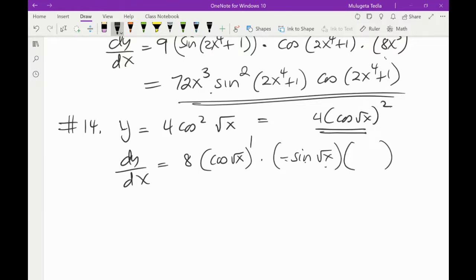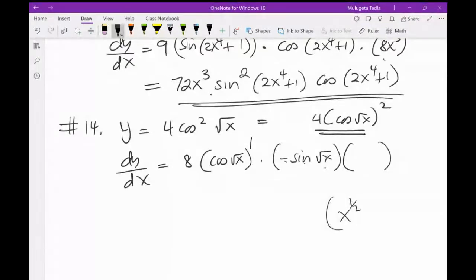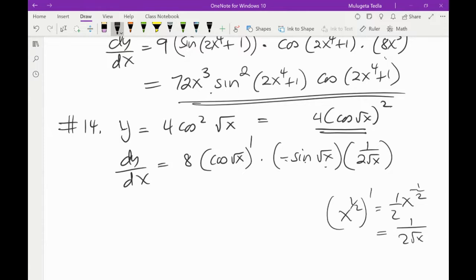What is the derivative of x to the half? The derivative is 1/2 x to the negative half, which is 1/(2 root x). I remember the derivative of root x is 1/(2 root x), but you could do it that way, right?